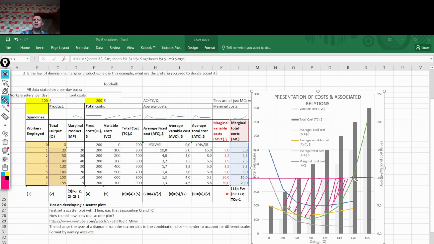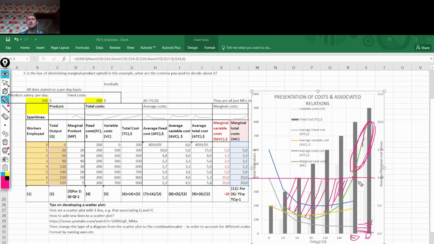So assume you are stopping your expansion here, because if you continue expanding your production to that domain here, beyond 150 balls per day, the last ones, the last 5 from the 150th ball to the 155th ball, for them you'll be spending more money than selling them for. What's the point of producing when for the extra items you are making, you end up spending more than getting from the market? You are making a loss for the additional production volume.